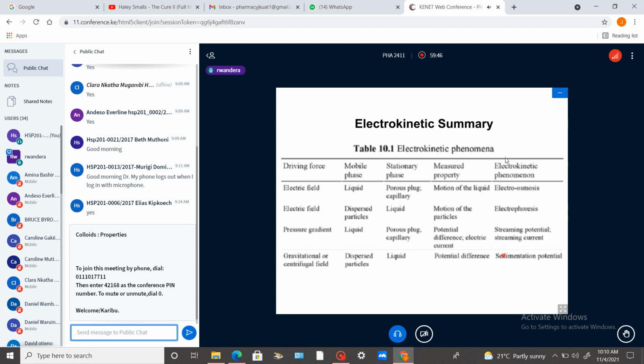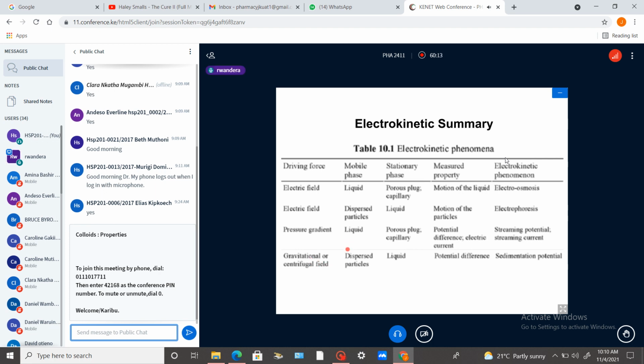Lastly, the sedimentation potential. In this case, the driving force is the force due to gravity, or you can also centrifuge. Yeah? Remember, we said colloidal particles of less than 0.5 microns will not sediment. You have to force them to sediment, and in this case, you introduce a centrifugal force.